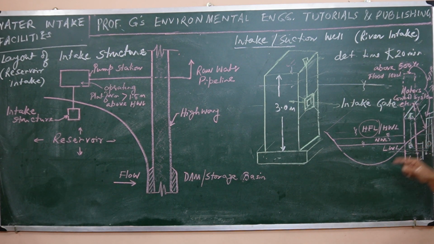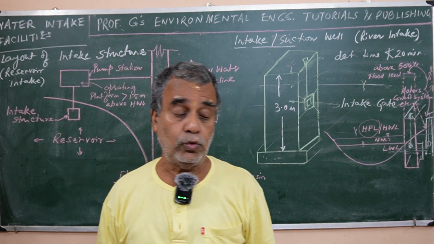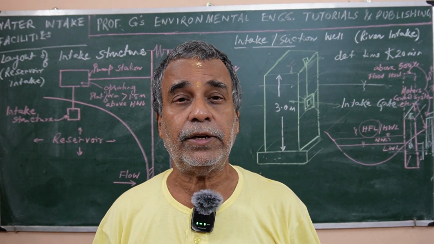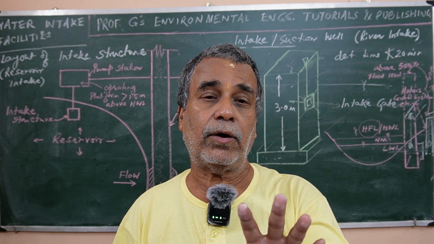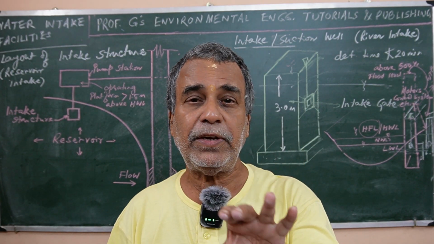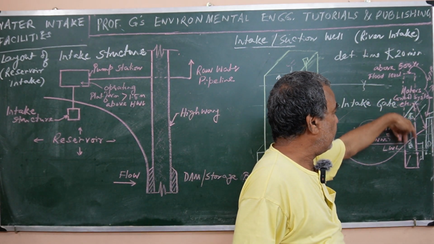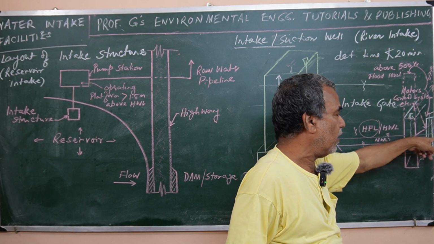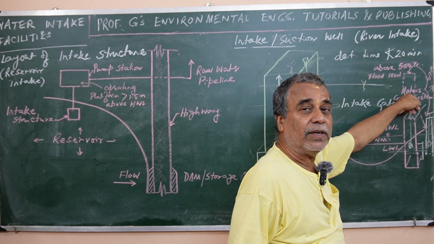And then pumping assemblies are there, normally multiple pumps, minimum 2 or so, that should be placed here in the pumping station also. What I mean to say is that where the entire intake is right over this one and there is no separate pumping station, then all these are placed here.